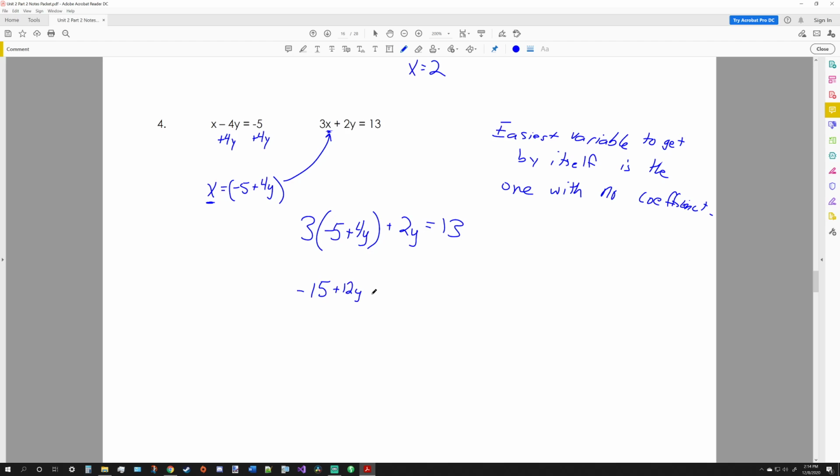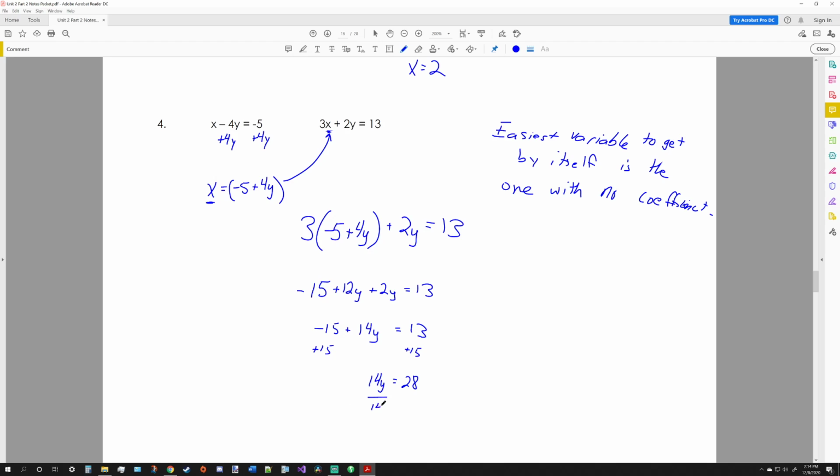So hopefully I didn't mess you up too much there. Okay, now we can combine these like terms and we end up with 14y instead, and it's a positive 14y. And now when I add my 15 to both sides, I end up with 14y equals 28.